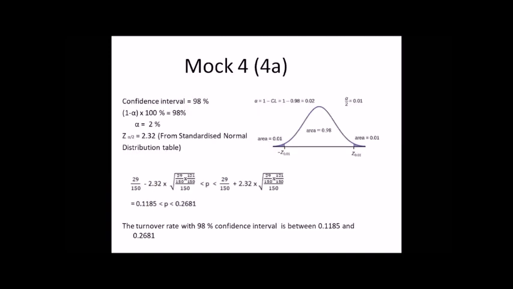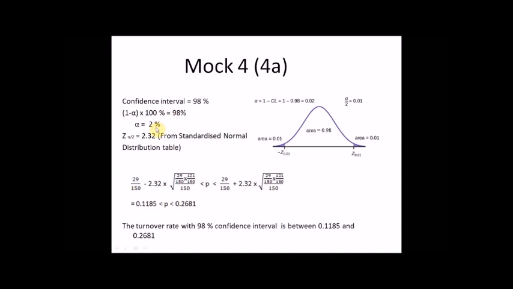As we are constructing a 98% confidence interval, we need to find the probability of these two purple areas in the diagram, which is outside the 98% confidence interval. The sum of these two purple areas can be represented by alpha, and we can find alpha using this equation: 1 minus alpha times 100% equals 98%.